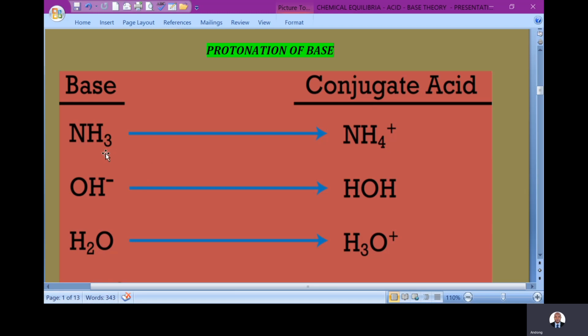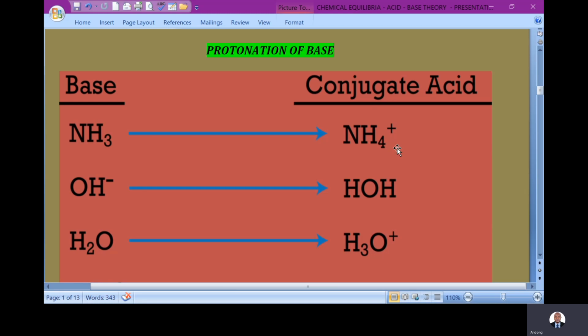If you are given a base, for example, ammonia, to look for the conjugate acid, the simple formula is you protonate it, or you add a hydrogen here on the ammonia plus a positive charge. If we add a hydrogen here and a positive charge, we will have an ammonium. That is the conjugate acid.